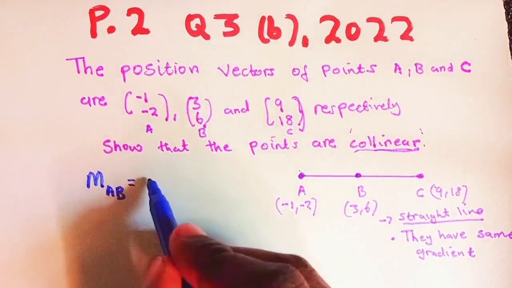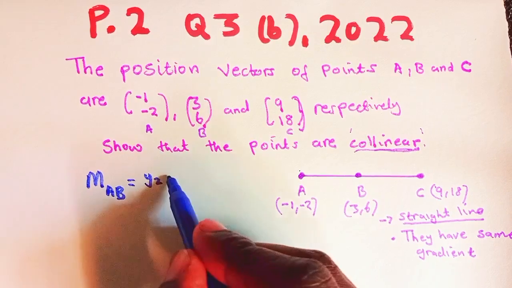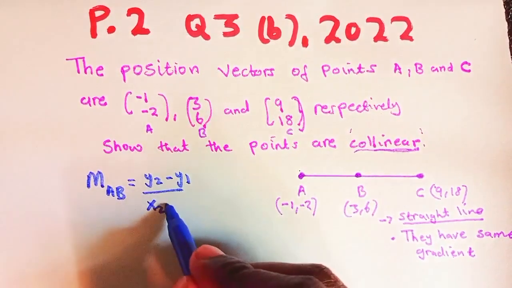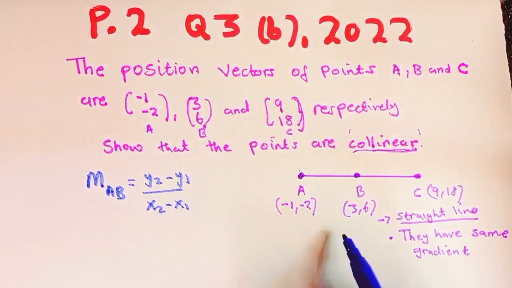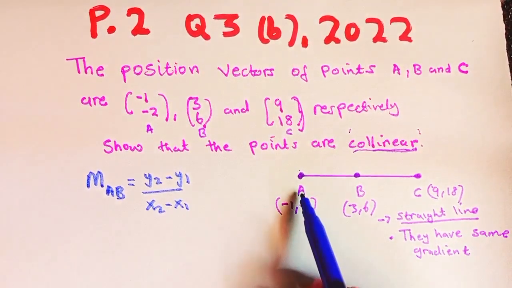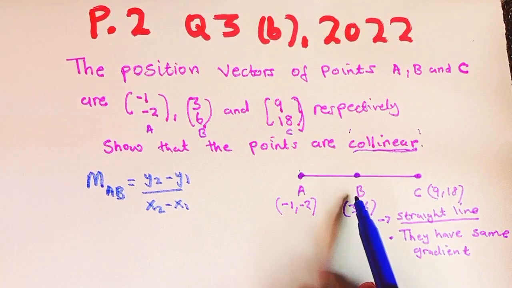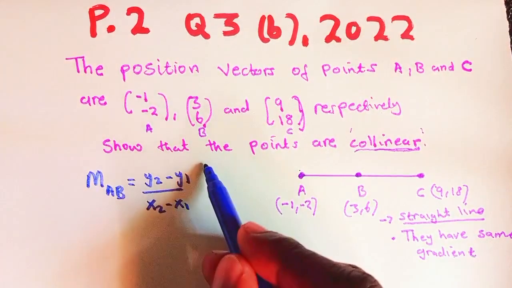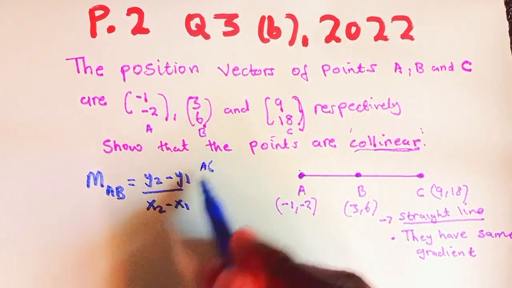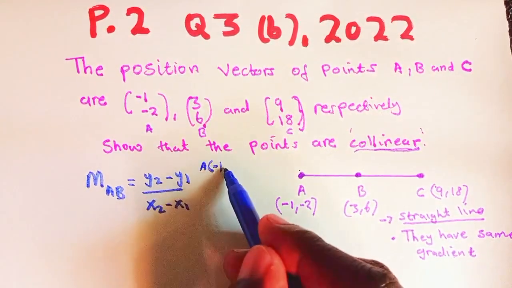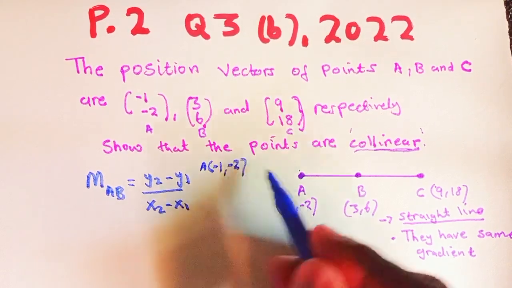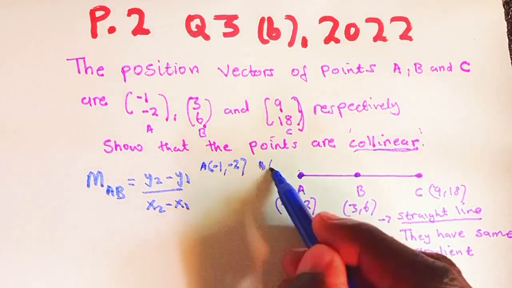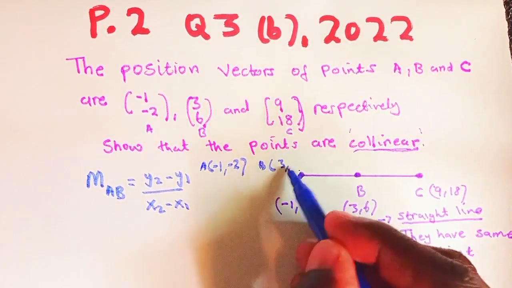So we're going to say the gradient AB. The formula for gradient is y2 minus y1 over x2 minus x1. Now we're considering points A and B. Point A is simply (-1, -2) and point B is (3, 6).